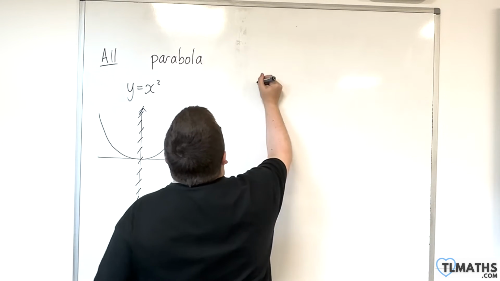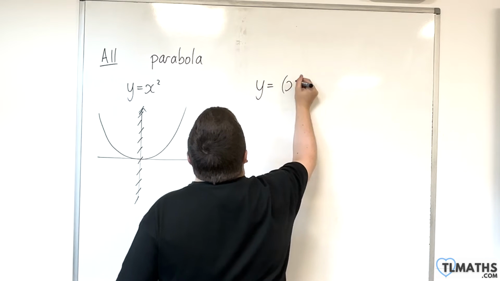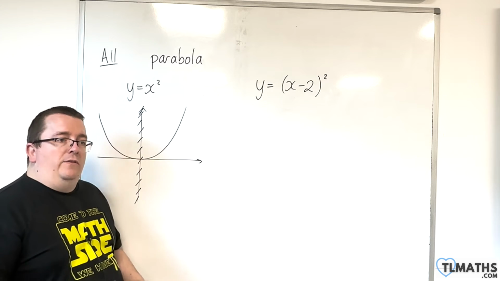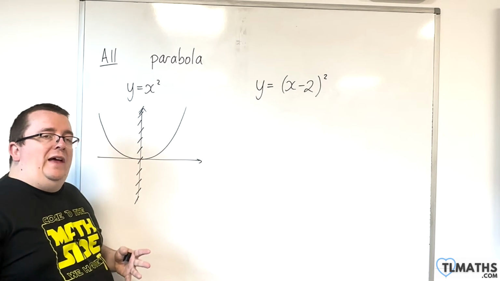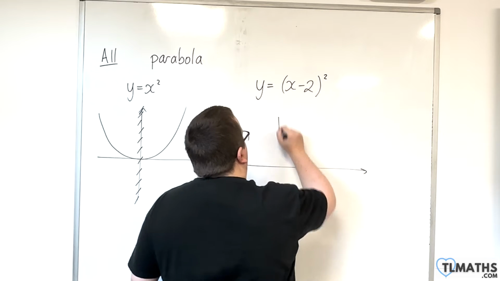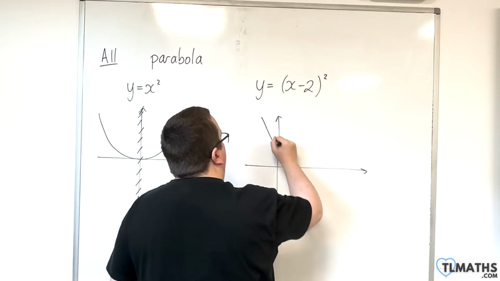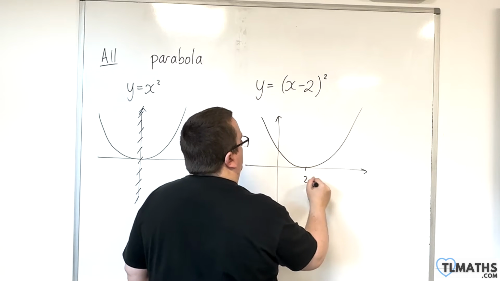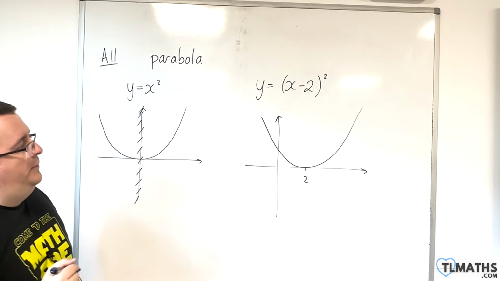So I'll write down what the equation is. So let's say this one. Okay, so don't worry about thinking, oh goodness, what does that look like? But I'll tell you, just to show you where this is going. So here is y equals x take away 2 squared. Goes through 2 on the x-axis.